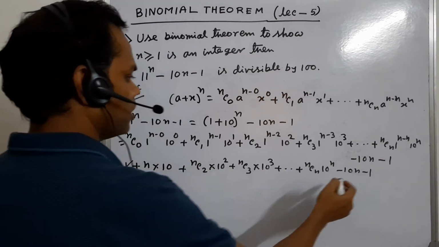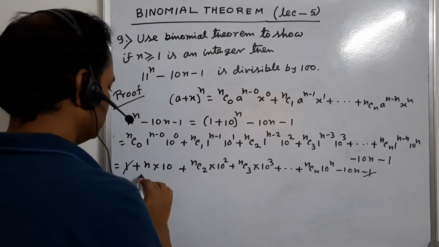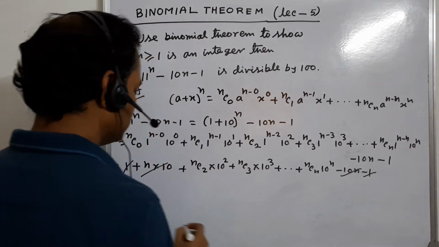Then this 1 and this minus 1 cancel each other, this 10n and this 10n cancel each other.